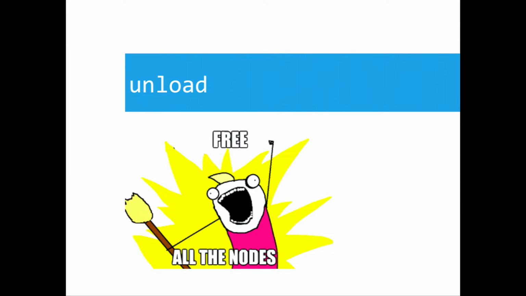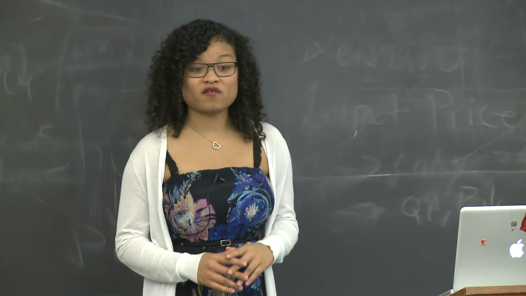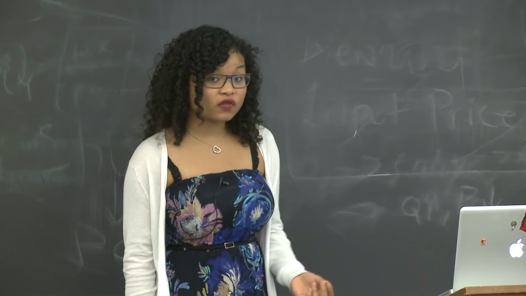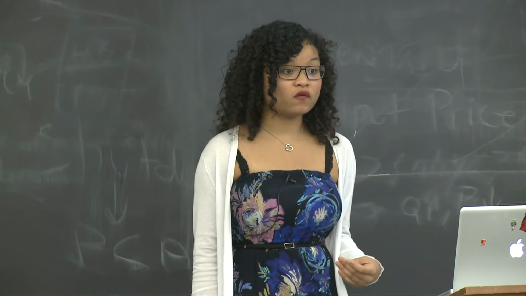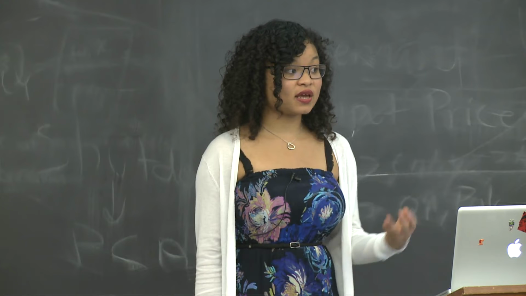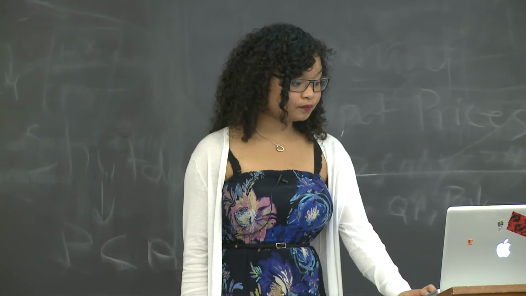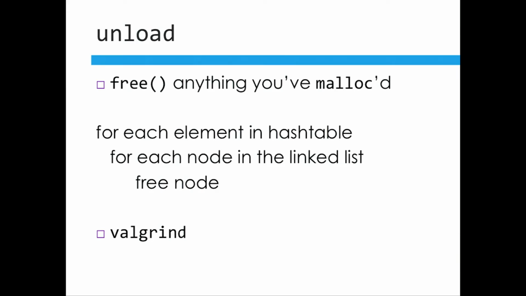Okay, so now we come to unload, where we want to free all of the nodes that we have mallocked. So essentially, free all of the nodes inside of our hash table. We're going to want to iterate over all of the linked lists and free all of the nodes in them. If you look above in the walkthrough to the example where we free a linked list, you basically want to repeat that process for every element in the hash table.